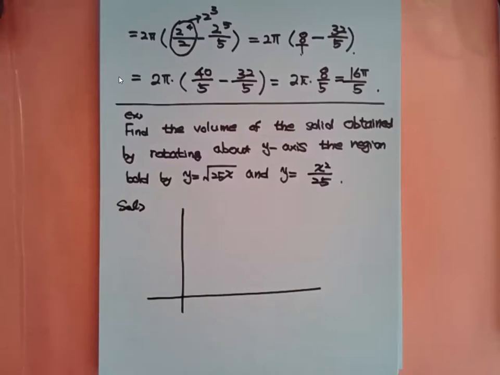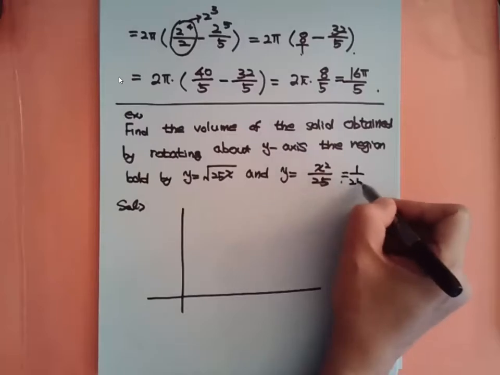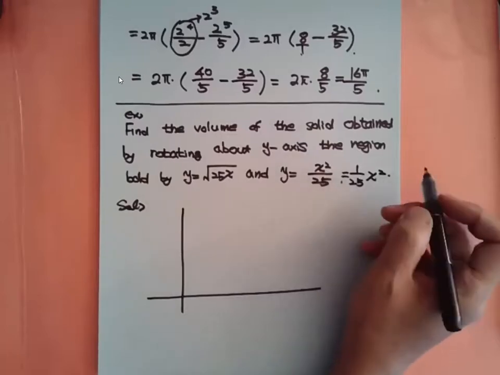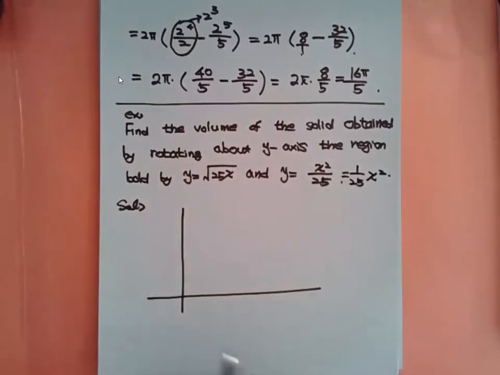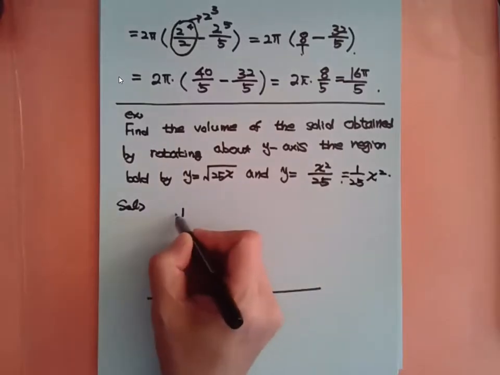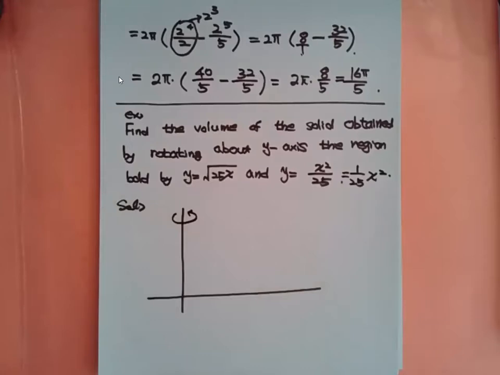Let's visualize. For this one, this is just 1 over 25 times x squared, which is a parabola. The problem suggests to rotate around the y-axis and use the shell method.